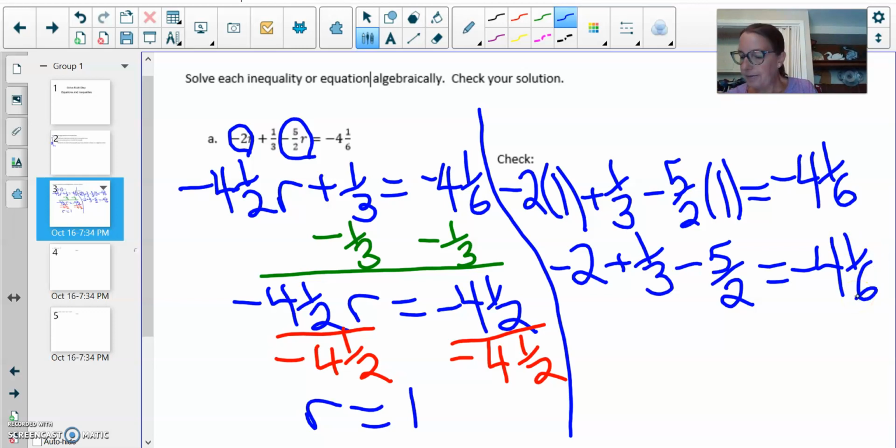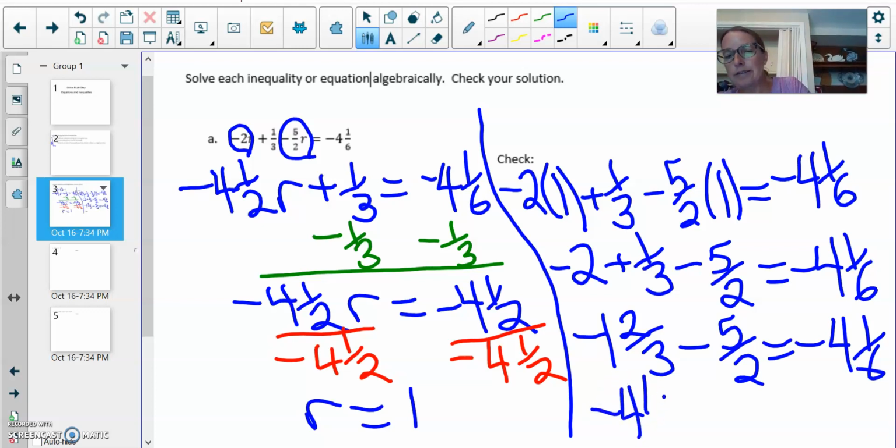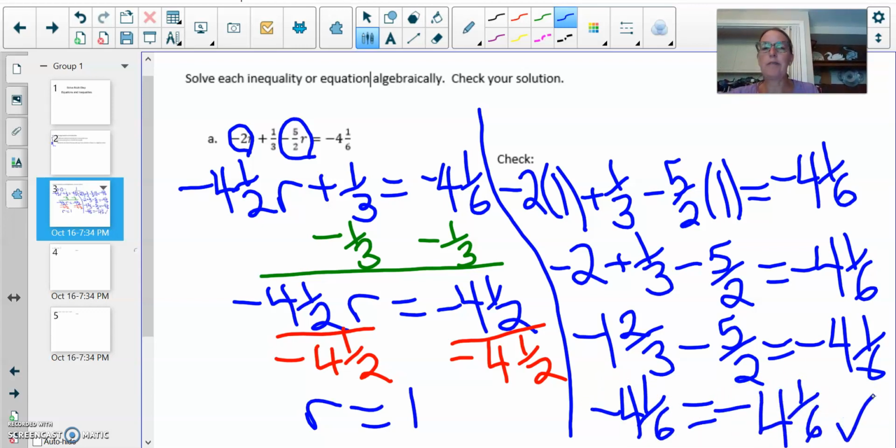Now I'm adding negative 2 with 1/3. I get negative 1 2/3 minus 5/2, and that gives me negative 4 1/6, which is what I was hoping for. So we proved our solution made the equation true.